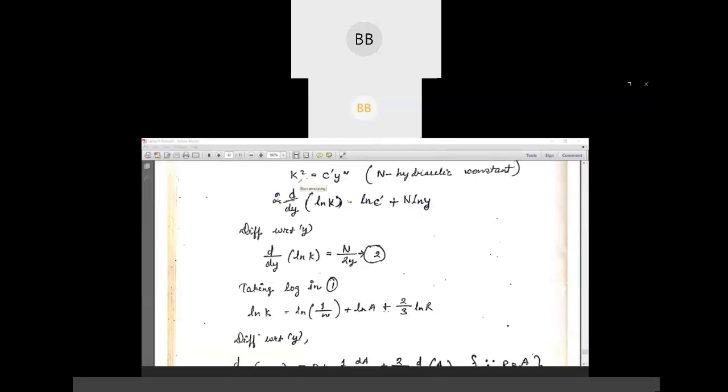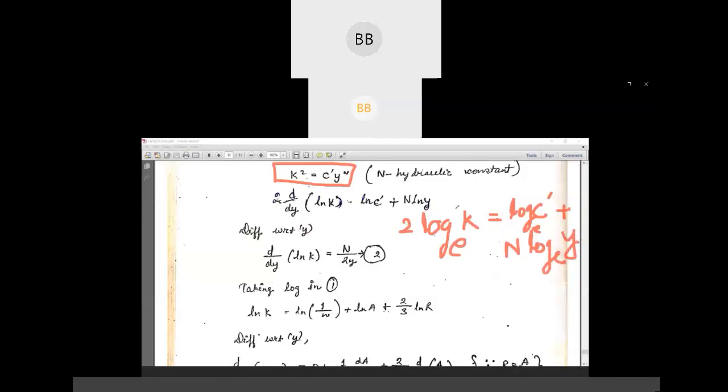So you have this expression, then we have to take first logarithm. If you take log, then it will be 2 log e K is equal to log e C dash in addition N log e y.